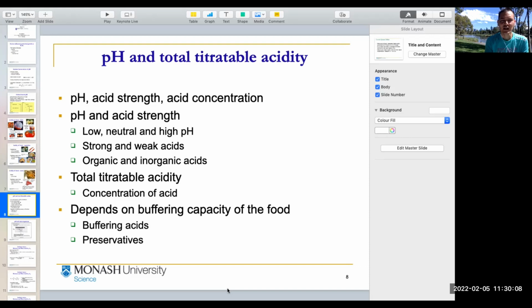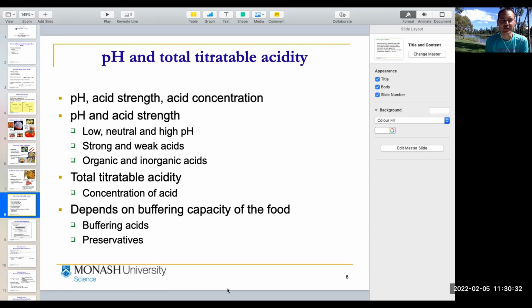So a 50% solution is a higher concentration than 10%, or a 5 molar solution is going to be a higher concentration than a 1 molar solution if we're using chemistry terminology.